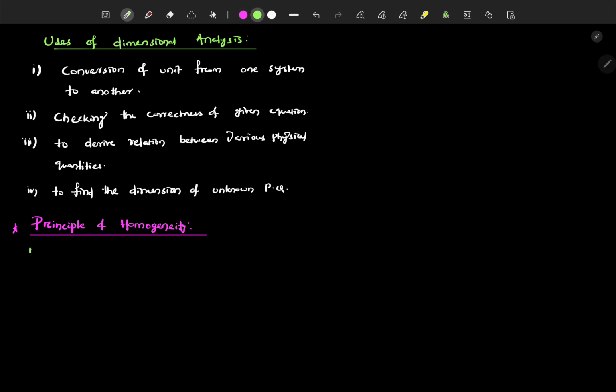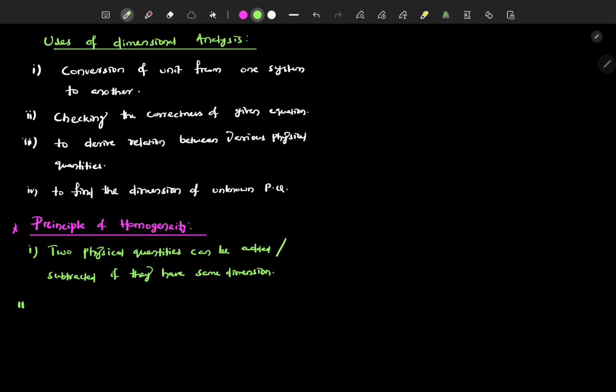The first one is: two physical quantities can be added or subtracted if they have the same dimension. The second one is: the dimension of both sides of an equation must be the same.